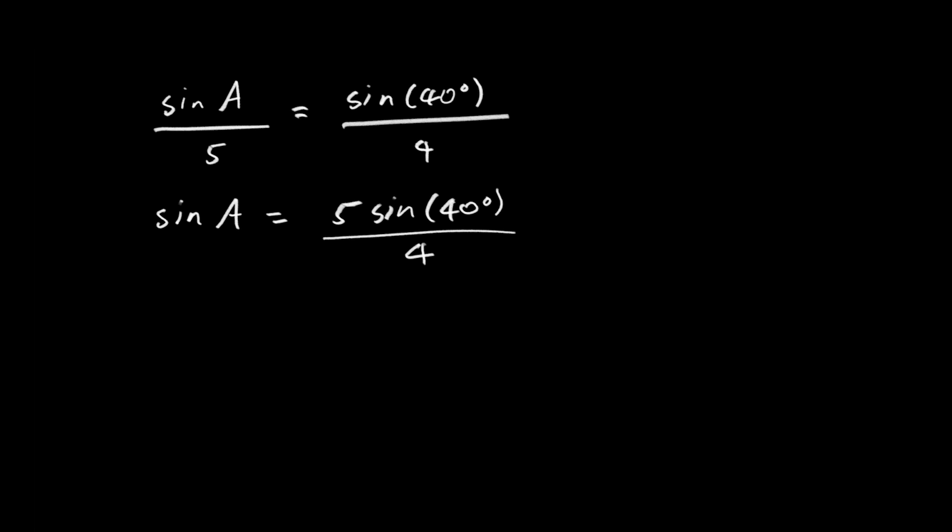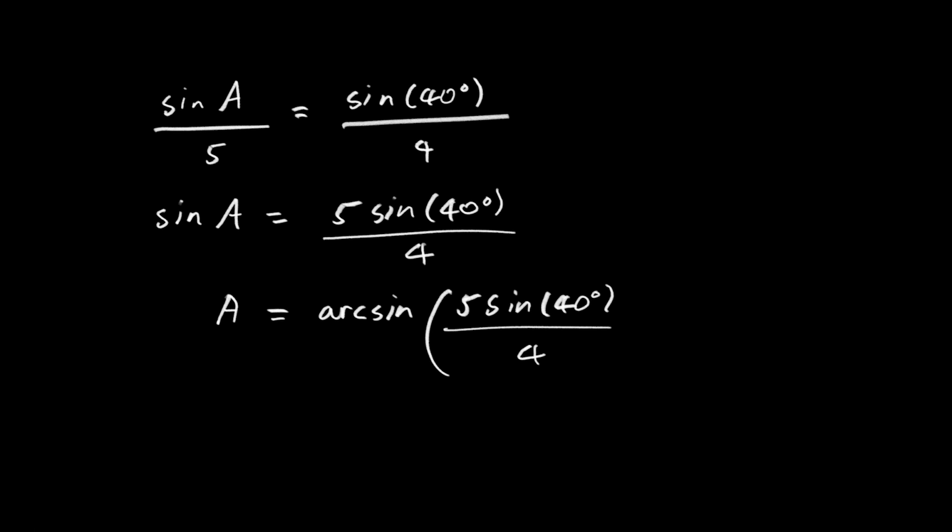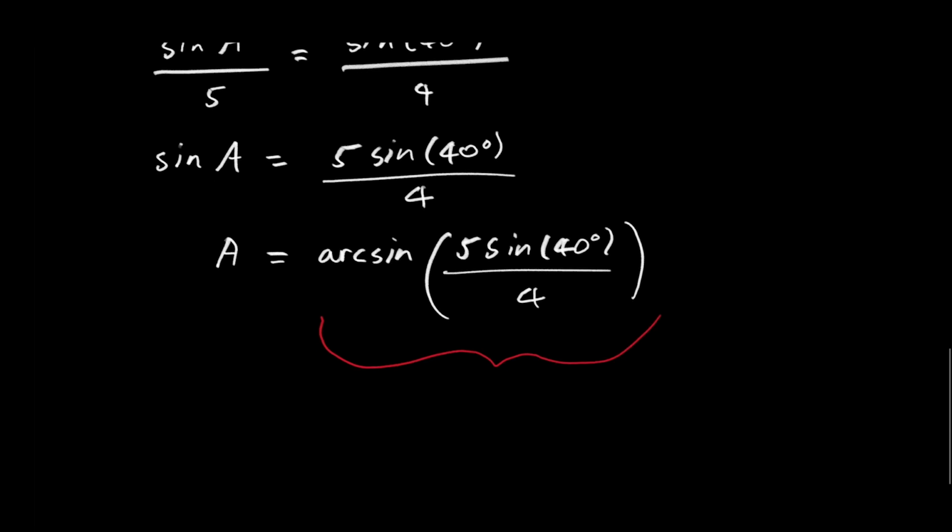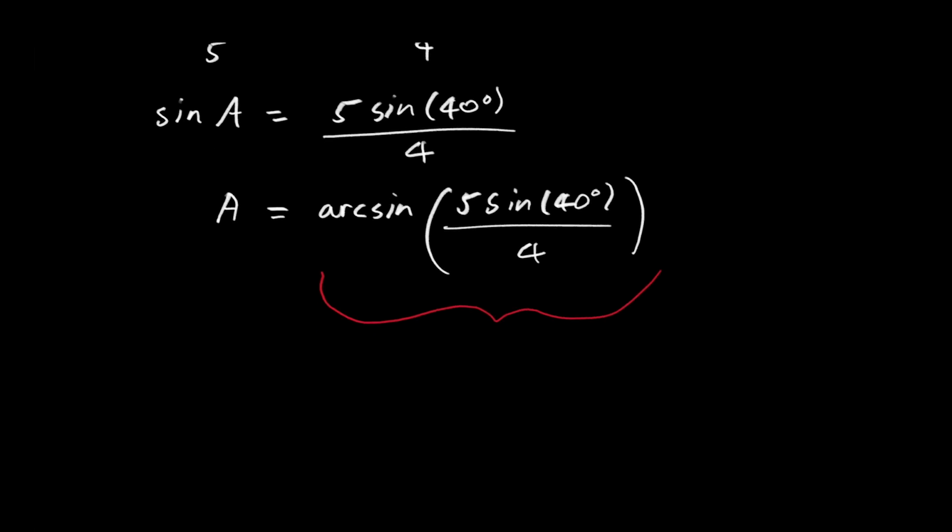Then to isolate A, we would take the arc sine of both sides, which on the left-hand side just gives us A, and on the right-hand side, we have the arc sine of 5 times the sine of the angle 40 degrees divided by 4. Now, if you punch this into a scientific calculator, maybe they have some really good ones nowadays that return both solutions, but in my experience, they will only return the smaller angle, the acute angle.